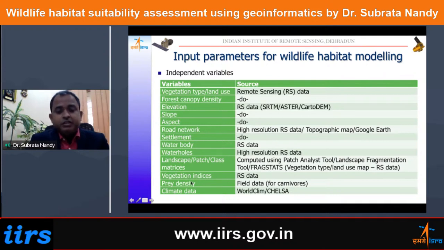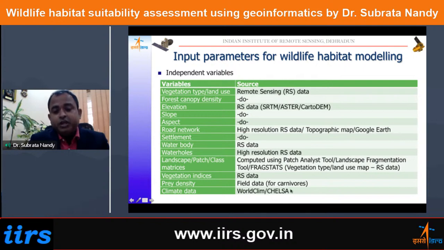So in case of, let's say, carnivores, you should have prey density data also. The modeling for carnivores is slightly different. You model basically the habitat suitability of prey, and then these prey suitability maps will be an input variable for the carnivores.